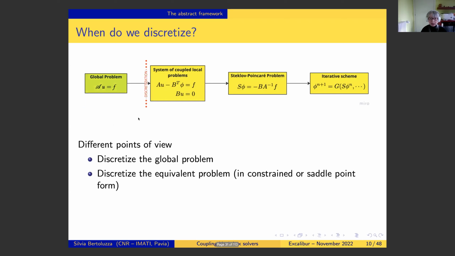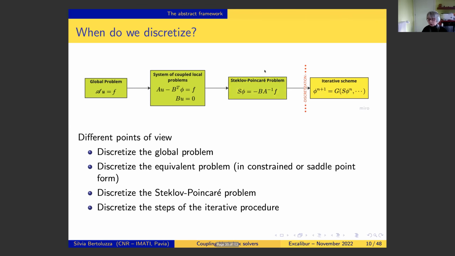Then you can discretize it at the level of the coupled local problems. This is, for instance, what gives rise to non-conforming domain decomposition. Or you can think of writing down the Steklov-Poincaré problem at the continuous level and then discretize it as it is.